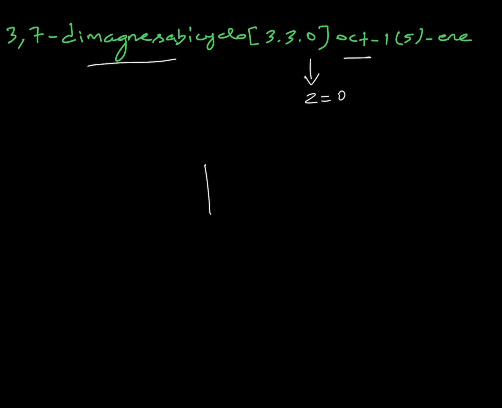So this 3 and this 3, so basically 3 plus 2 bridgeheads, that means we have a 5-membered ring, and here also plus 2 for the bridgeheads, we have two 5-membered rings. So let's draw the 5-membered ring first.